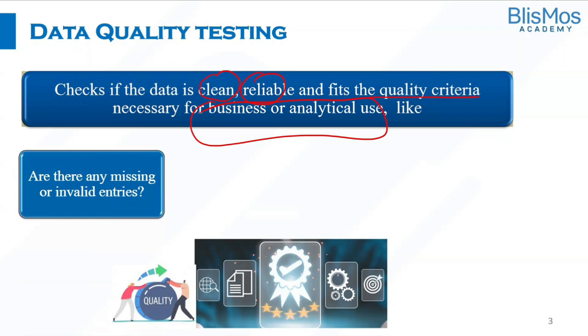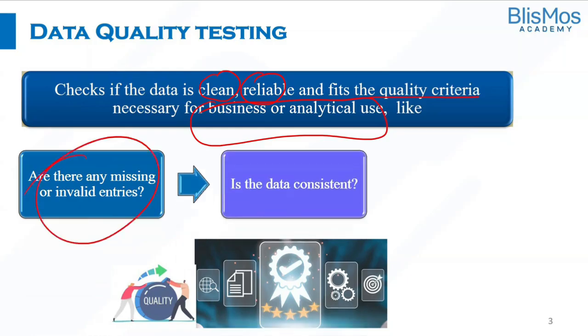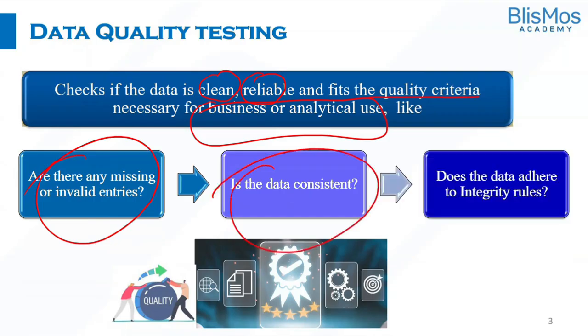Some of the aspects which we will validate are: are there any missing or invalid entries? That comes under data quality. Is the data consistent across the different data assets? Does the data adhere to the integrity rules defined as a part of the requirements document?